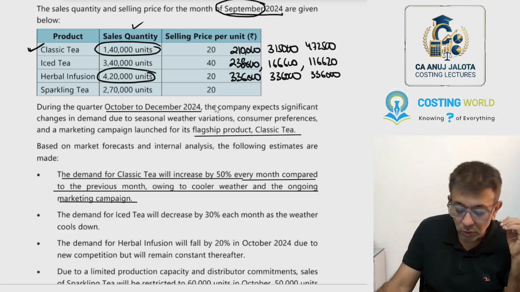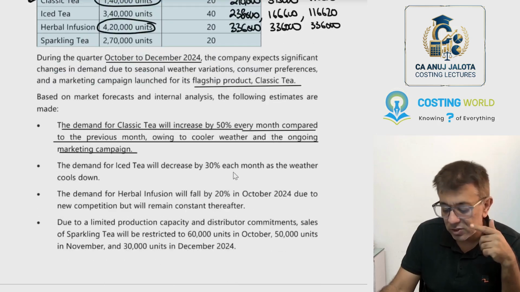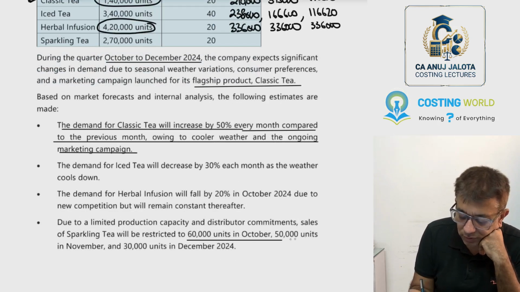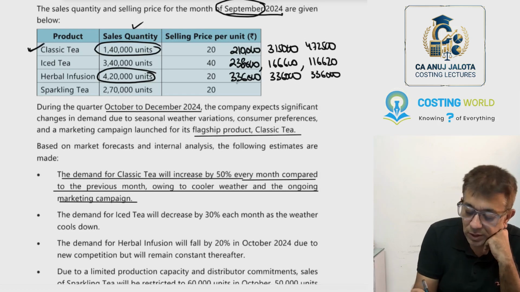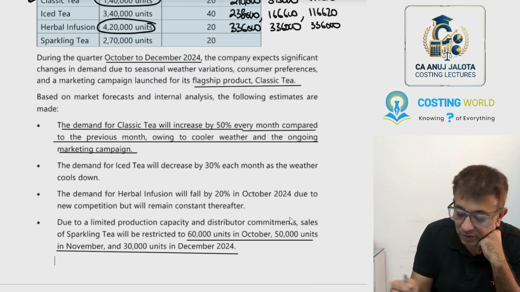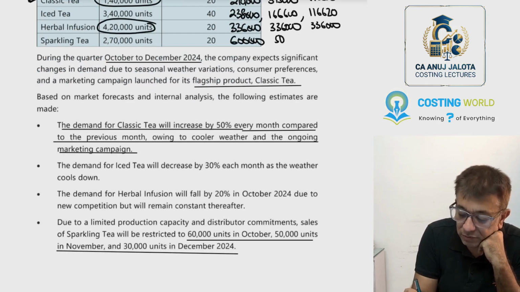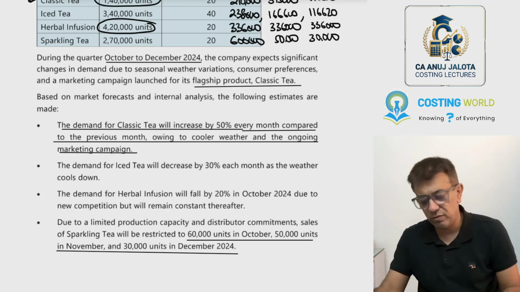Last one: due to limited production capacity and distributor commitments, sales of sparkling tea will be 60,000 in October, 50,000 in November, and 30,000 in December. So those guys have given me the sales quantities for sparkling tea.